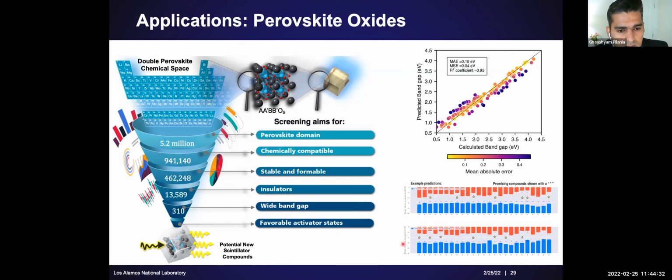These are highlighted as stars here. So we have identified 20 or so new compounds that can potentially be scintillating, and currently they are being looked at in more detail by our experimental collaborators at LNL.